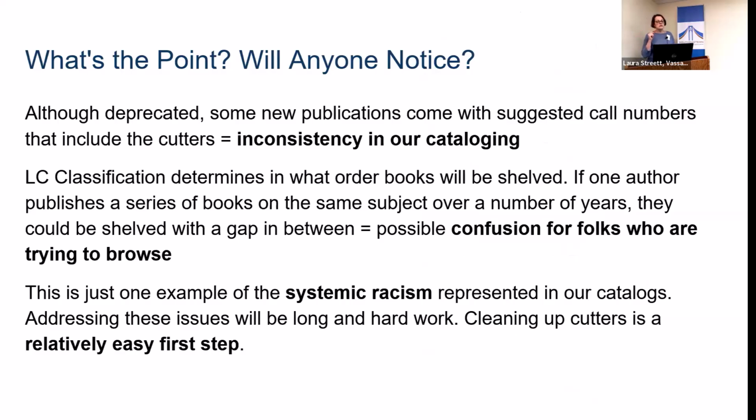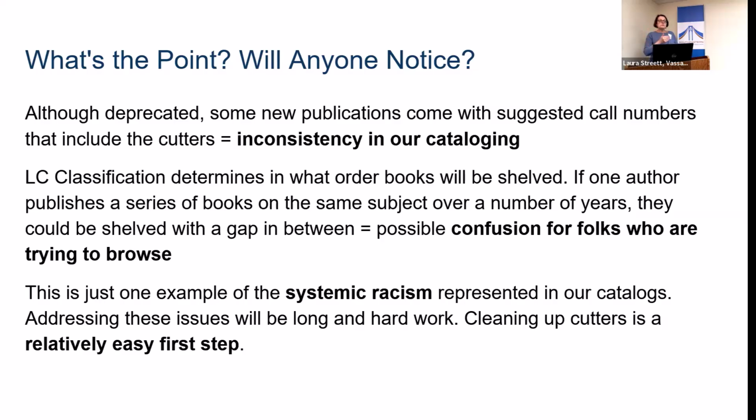When we started looking into this, the big question was, what's the point and will anybody notice? Regardless of the impact on our patrons, we try to be consistent with our cataloging. These cutter numbers are not approved in the LC classification system. We're supposed to replace them, but we have not.